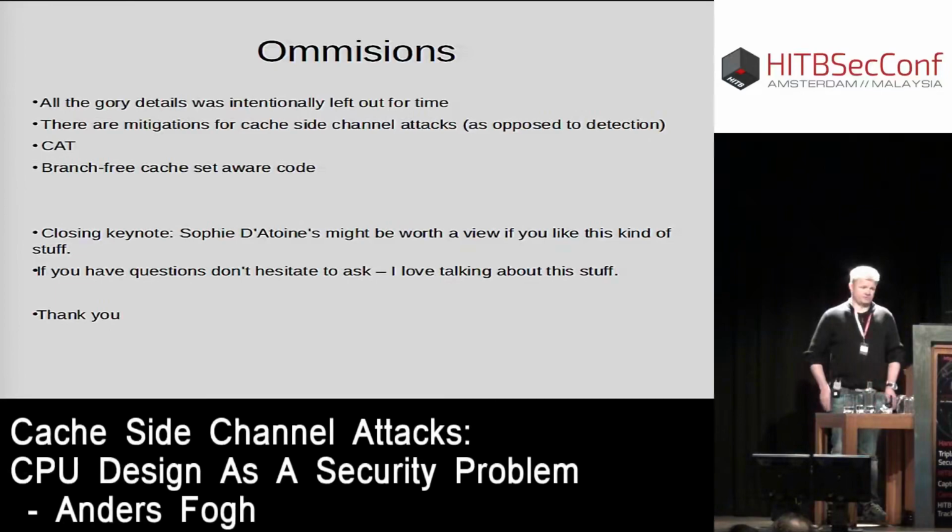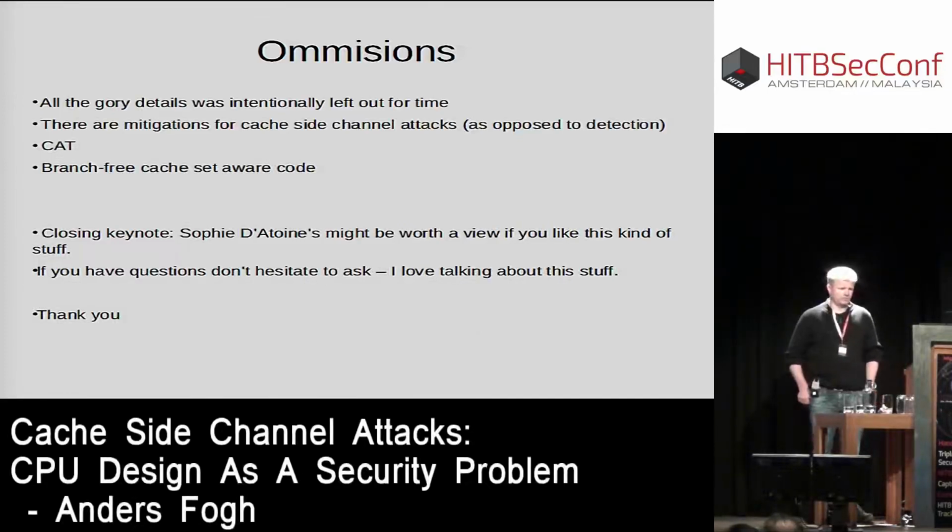And I should mention there's other mitigation from cache side channel attacks beside mine. This is as opposed to detection. I'm actually not aware of any other method for detecting cache side channel attacks other than the ones I've talked about today. There is a feature in modern Xeon computers called CAT.